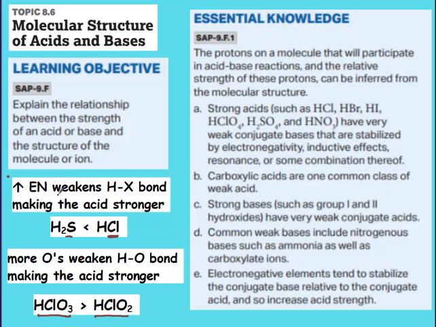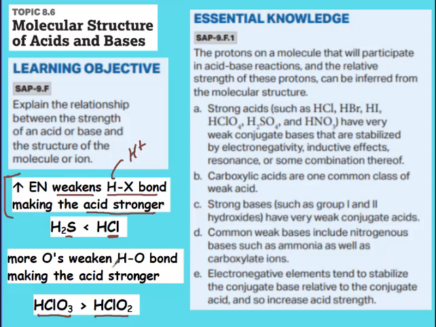So the key here is a weaker H bond makes the acid stronger, because the hydrogen will come off as a hydrogen ion in solution, and we want lots of hydrogen ions to have a strong or stronger acid. On this first one though, the higher the electronegativity, remember that we've talked about it already twice now, the larger or longer the bond length sometimes also affects the acid strength.